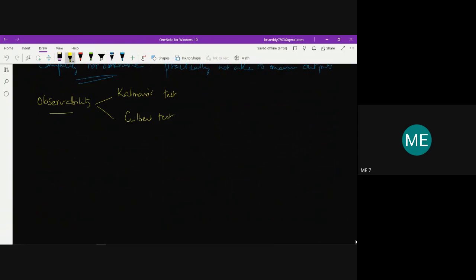In yesterday's class we discussed the Kalman's test, where we write the composite matrix consisting of the columns B, AB, A squared B, and so on, up to A to the power of n minus 1 times B. Similarly, for the observability test we write a composite matrix, but its elements are different from controllability.